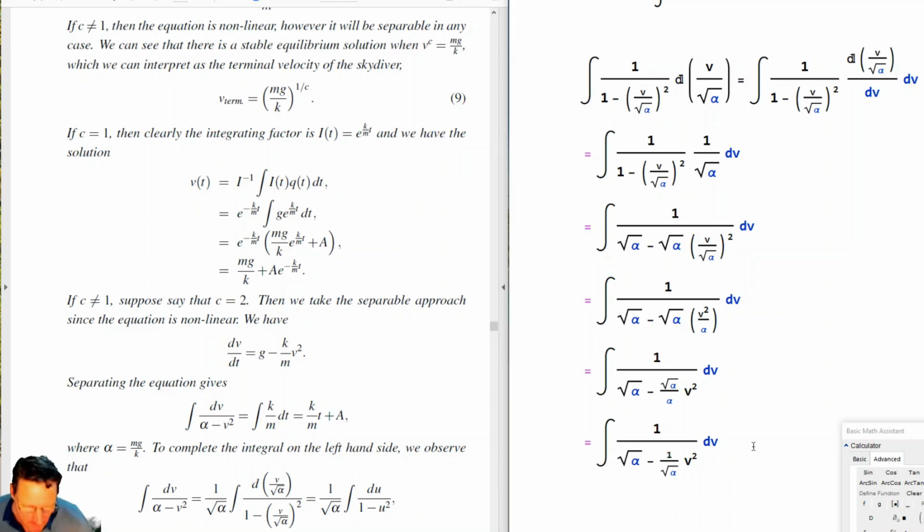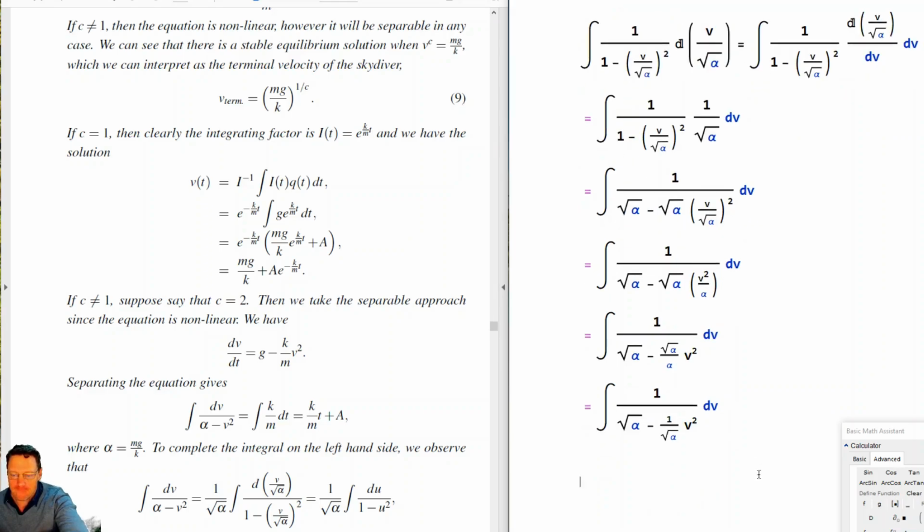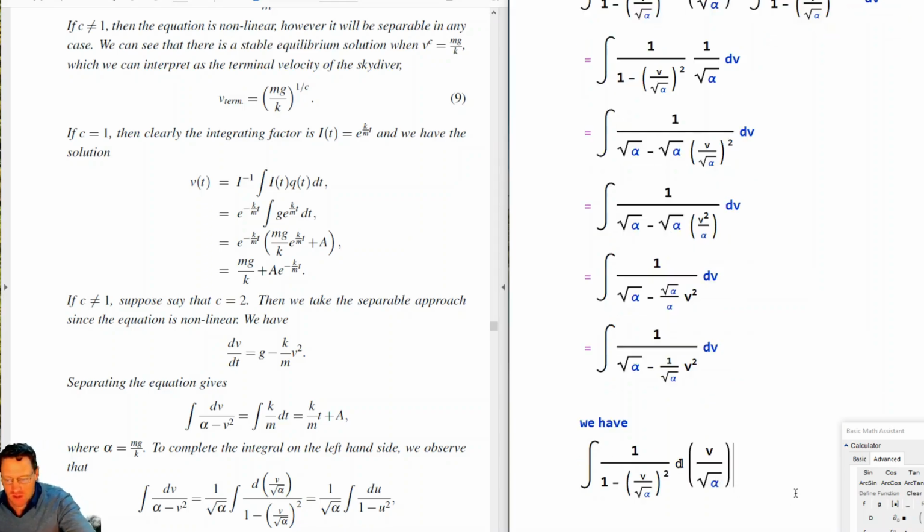Okay, now we want to simplify this a little bit more, because at this point we were looking at all of this times 1 over root alpha, right? So far we've established, so we have shown that this, which is what we had here, we had it displayed like this, okay?